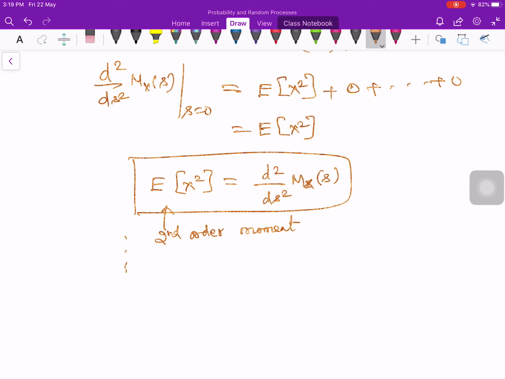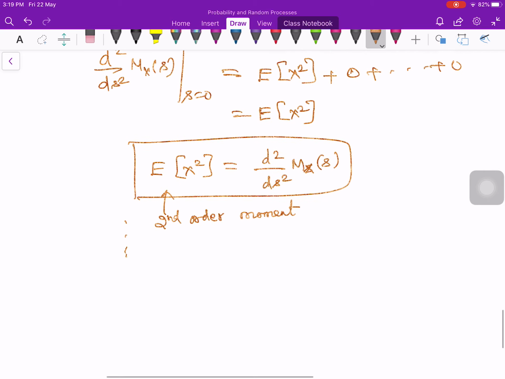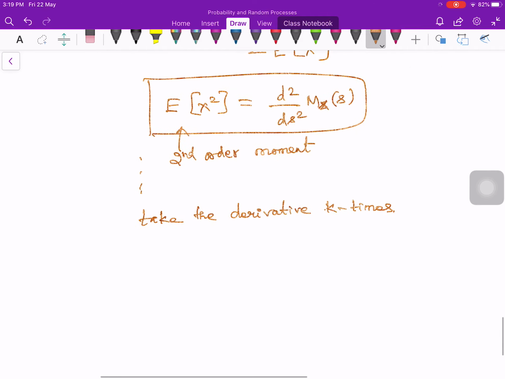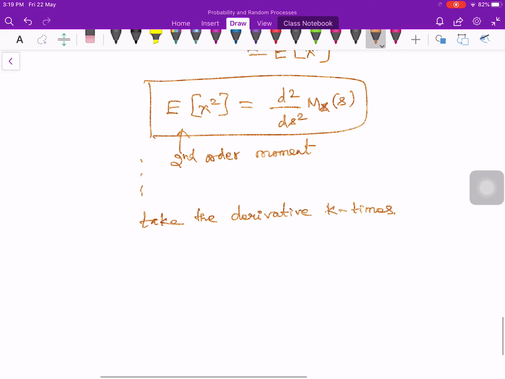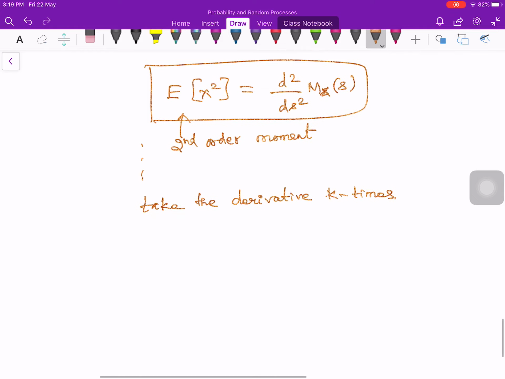Fine. So you can continue this process, and let's say you take the derivative k times. The first term, second term, third term will turn out to be constants, and some terms will become 0. Then substitute s equal to 0.